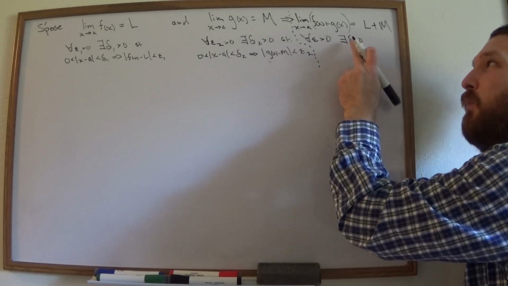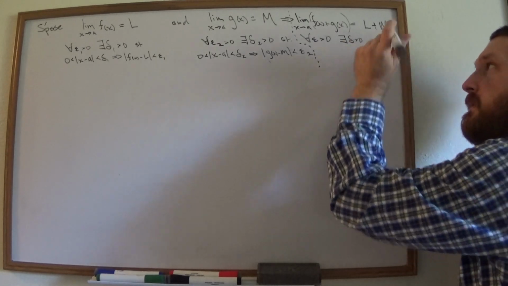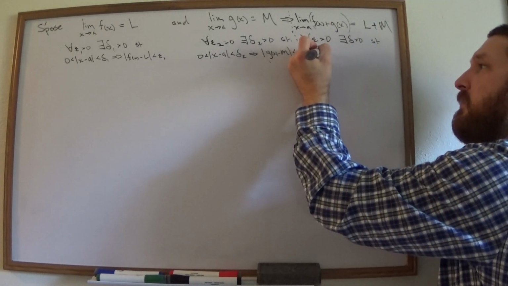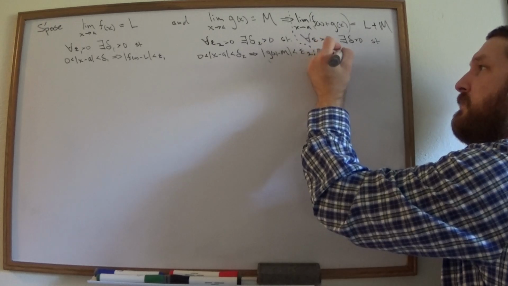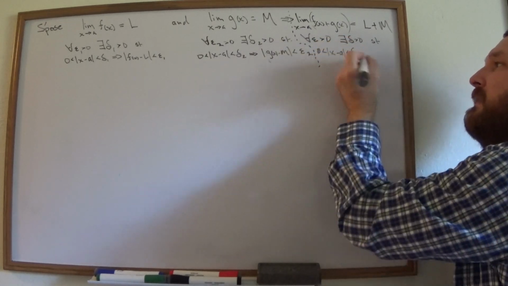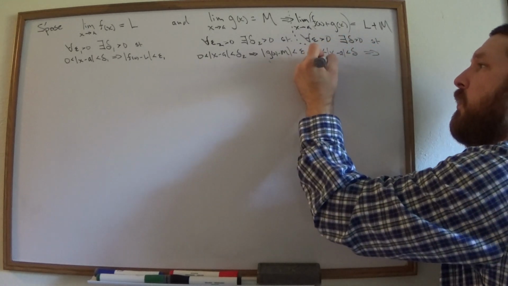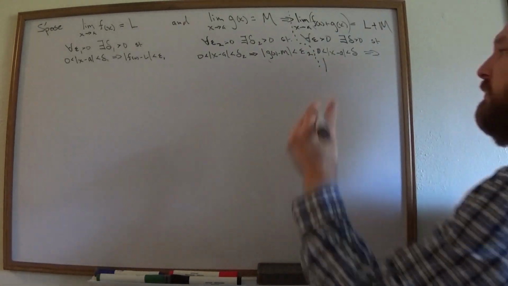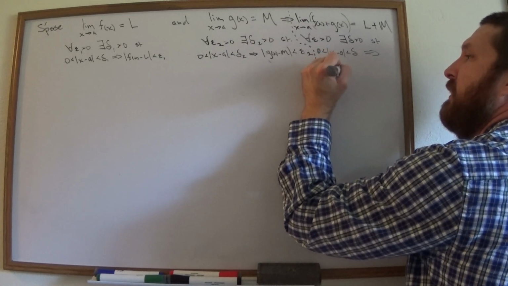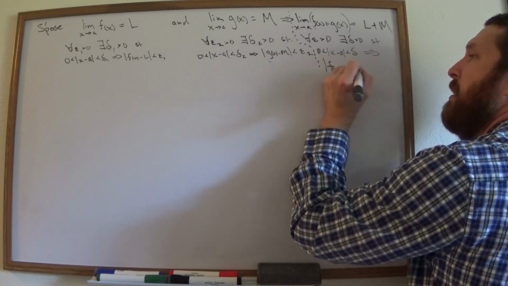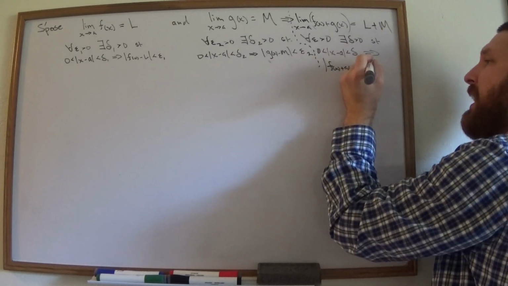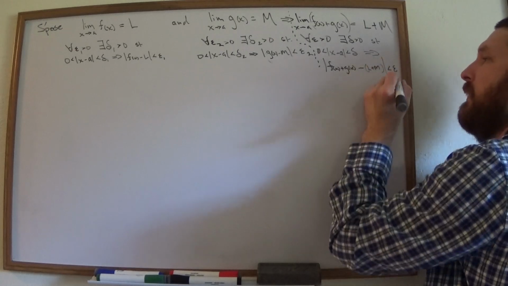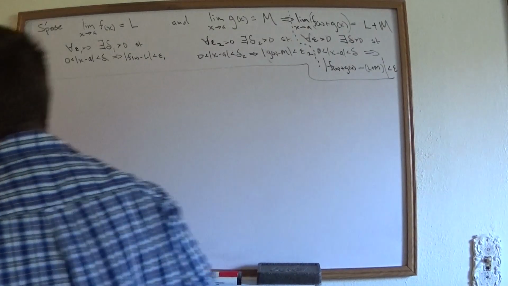That we need to find what that delta is, such that whenever x is within delta of that guy, we get that this function, which happens to be f of x plus g of x minus L plus M, is less than epsilon.